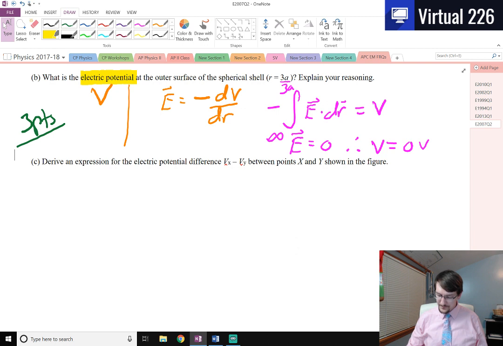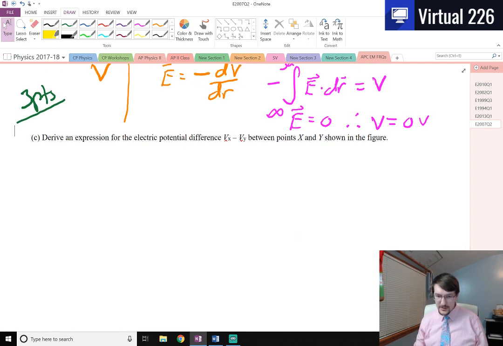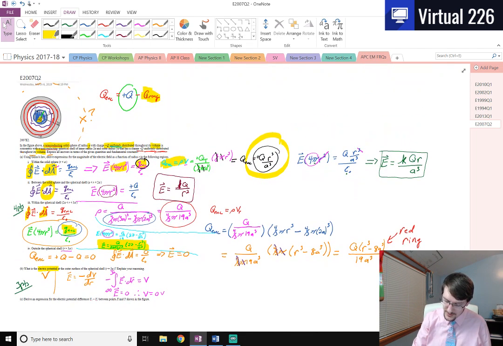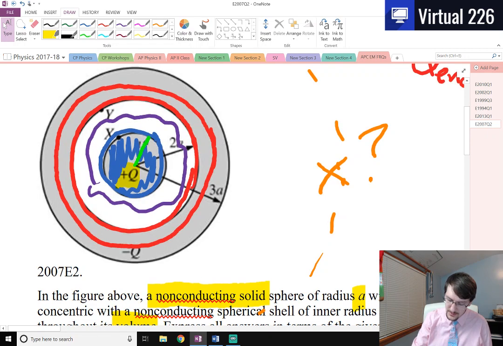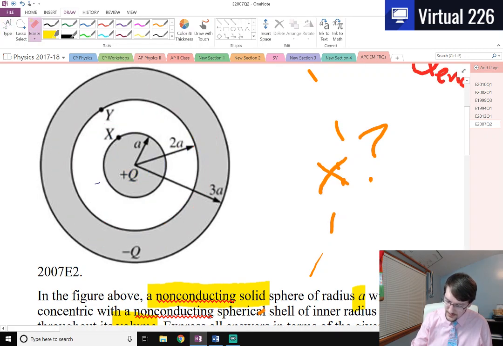For the last one, part C here, we are looking to derive an expression for the electric potential difference. So what is the potential from one point to the next? Those points are Vx and Vy, which are the points X and Y in the figure. And just to give us an idea of what we're looking at, we can come up here and look at our figure again.